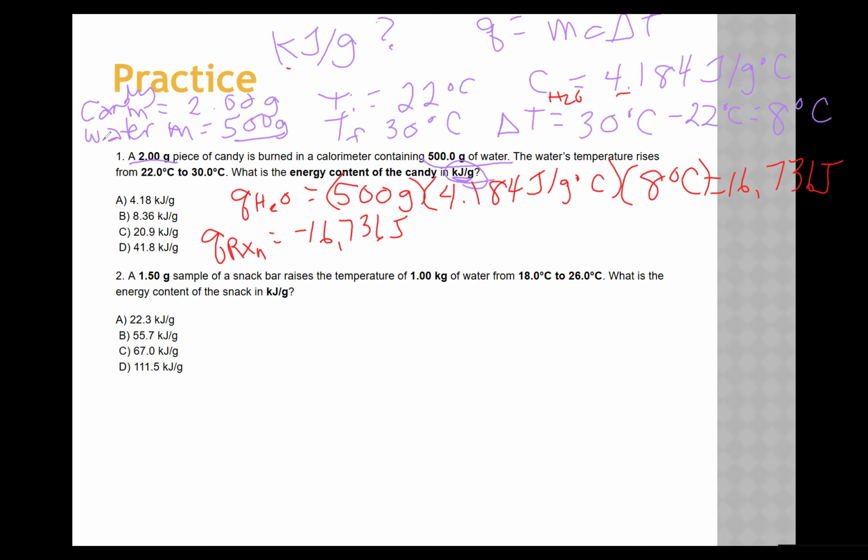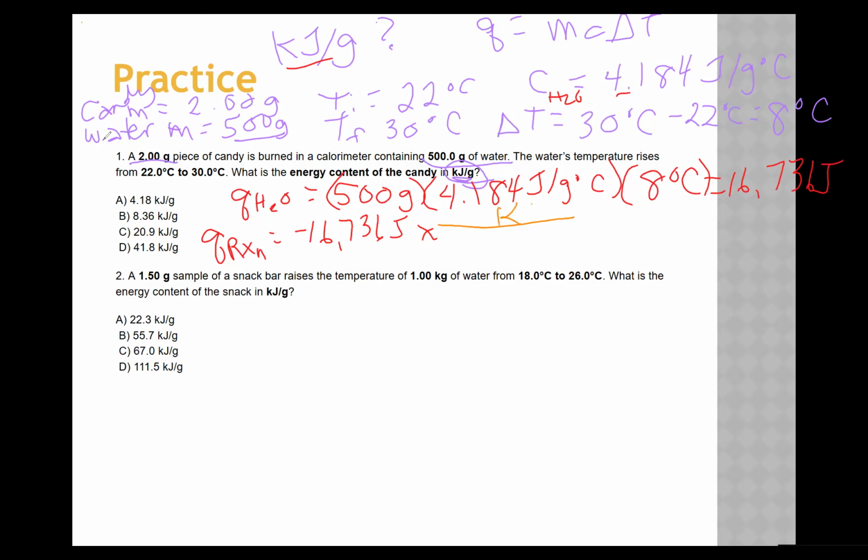We need it in kilojoules per gram, though. So first, we have to change our joules into kilojoules. I know that there are 1,000 joules for every kilojoule.